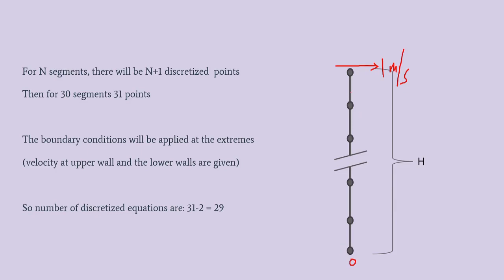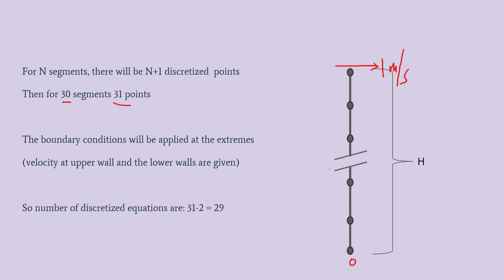If I am displaying in a vertical manner, then for n segments there will be n plus 1 points, including the boundary points. You may have learned that from the discretization in the first week videos. So for 30 segments, there will be 31 points.